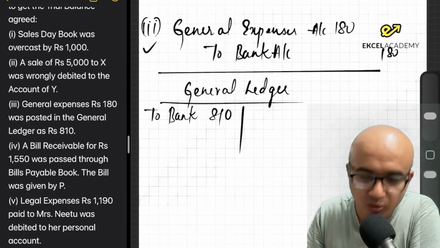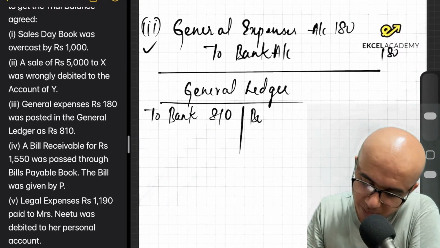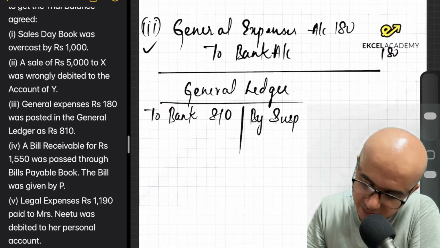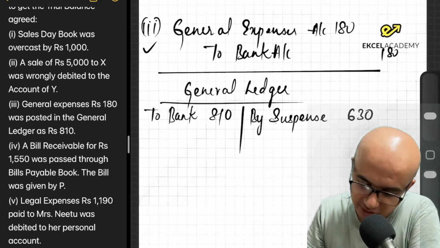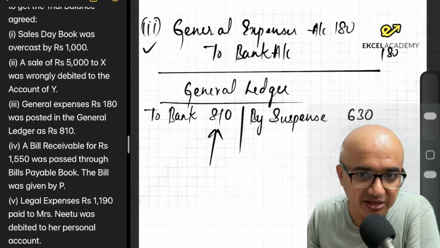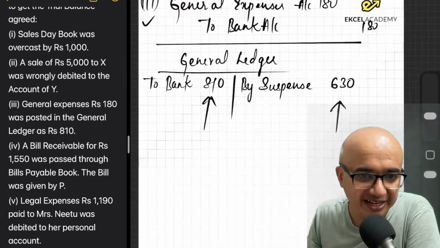How do we do that? By posting on the opposite side, that is the credit side. So by suspense 630. There is an overcast here by 630. We are removing that by recording on the opposite side. That's all.